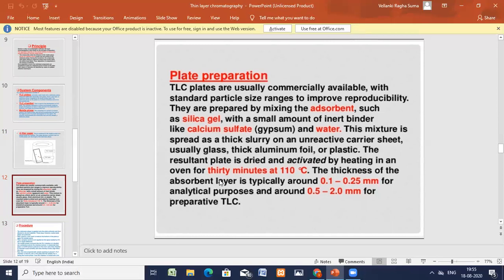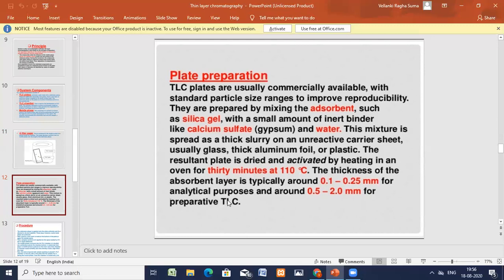Usually glass, thick aluminum foil or plastic can be taken as the unreactive carrier sheet. The resultant plate is dried and then activated by heating in the oven for 30 minutes at 110 degrees centigrade.